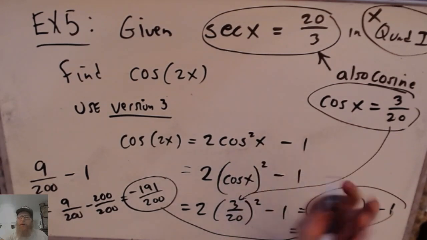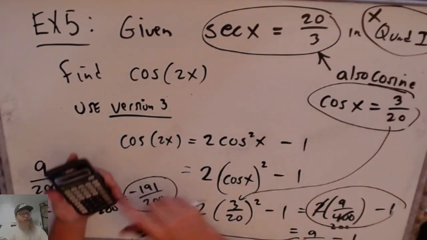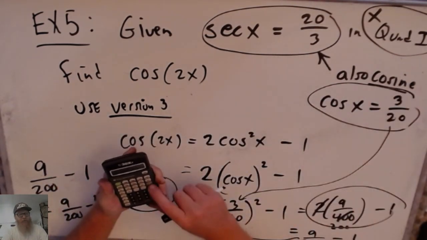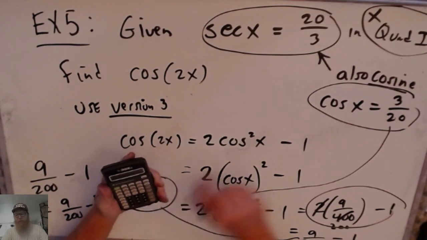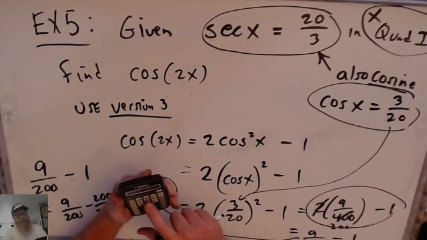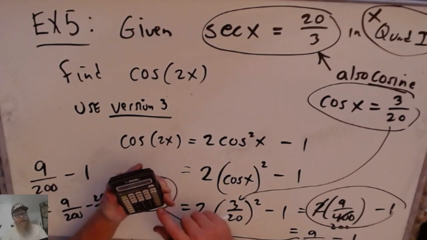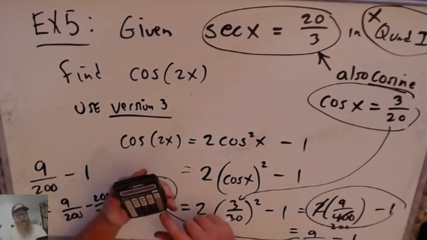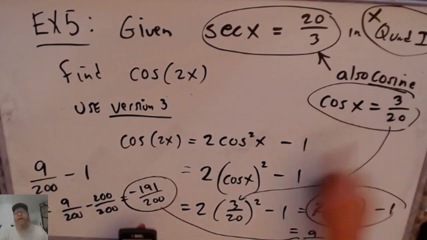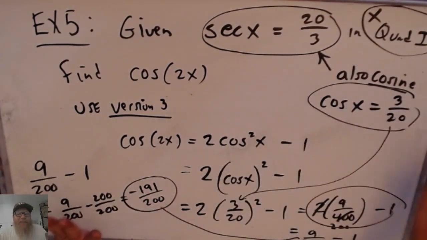If you really wanted to know what it was, you could use your calculator: 3 divided by 20, then cosine inverse, times 180 divided by pi, 81 degrees. I'm not asking that in this question. I just want you to have some intuition as to what you just did.